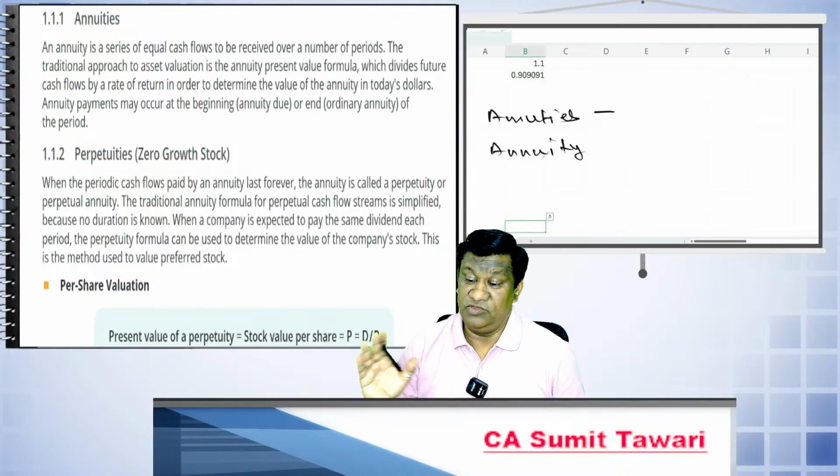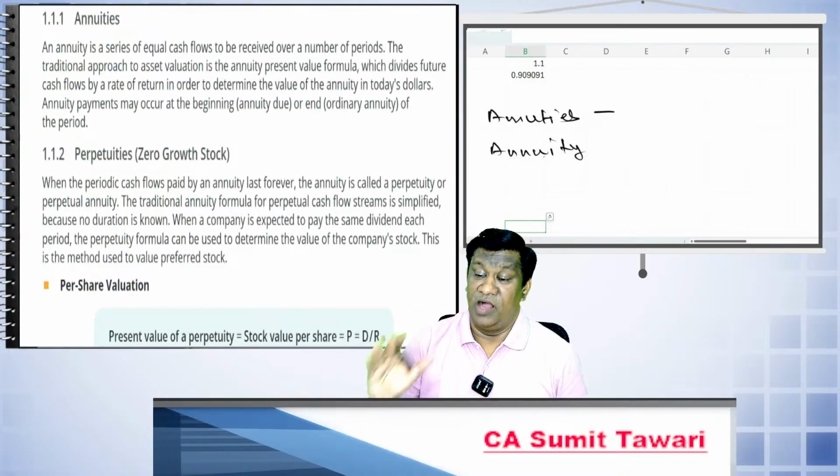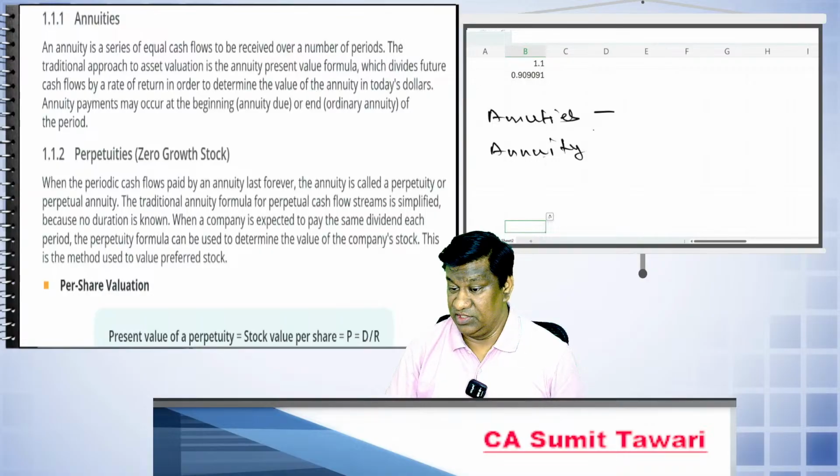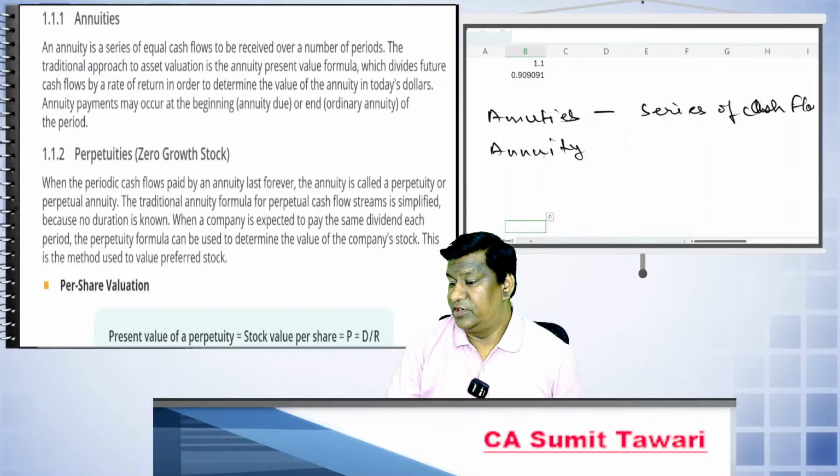So again you are getting an amount in the future. It is basically a series of cash flow.